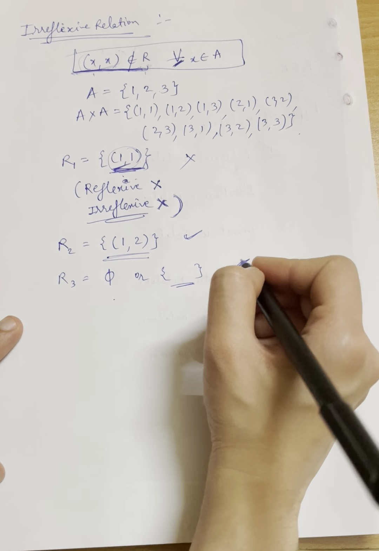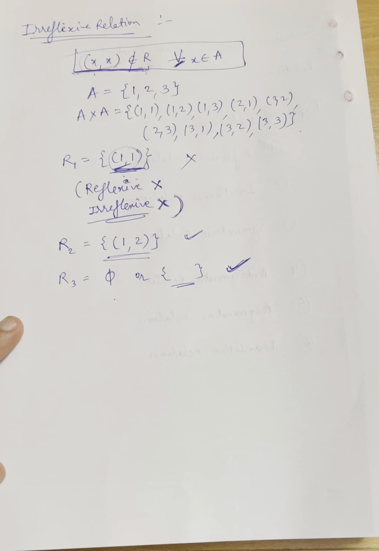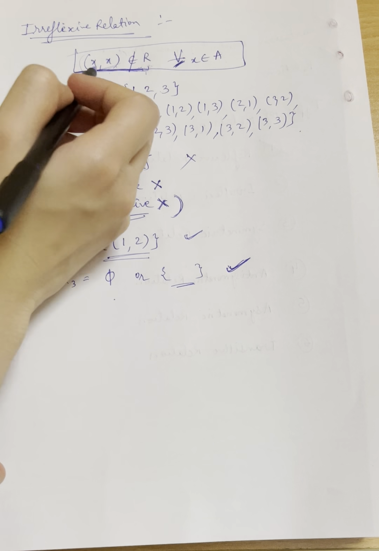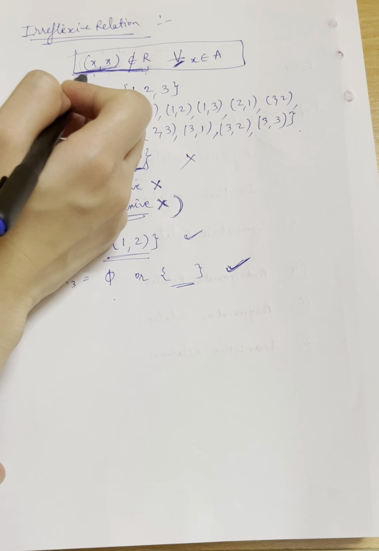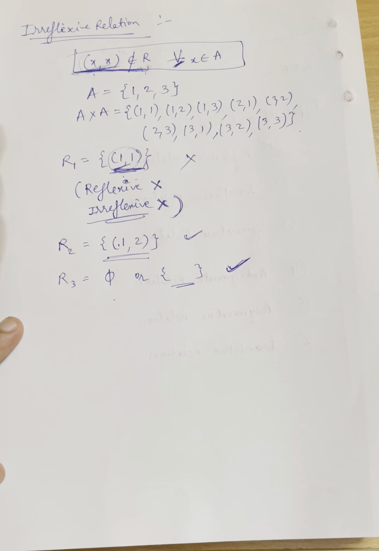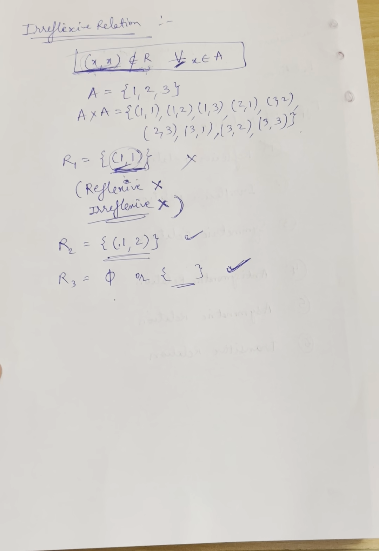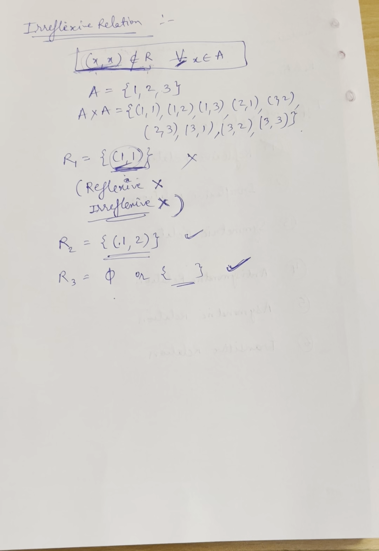Yes, because we don't care. Our focus is only on the (x, x) pairs. If any of those pairs is present, then it is not an irreflexive relation. Okay, so these are some examples. I think it's enough to understand what an irreflexive relation is.